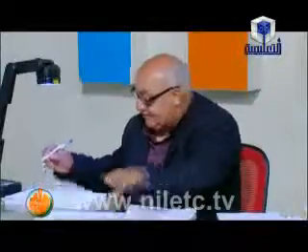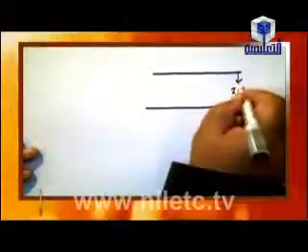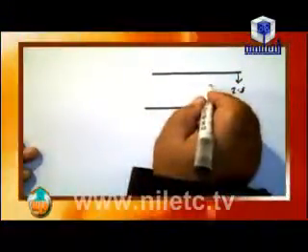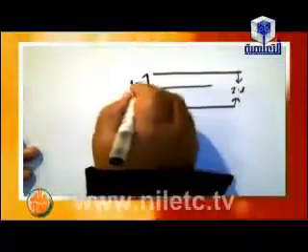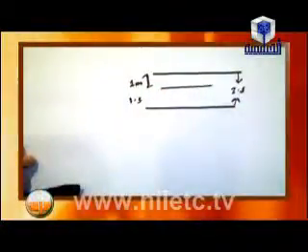The problem is two parallel plates as shown in the figure. This is the first plate, and the second plate. The distance between them is 2.5 meter, and we have a thin plate between them at distance 1 meter from one of them, and the other distance 1.5.